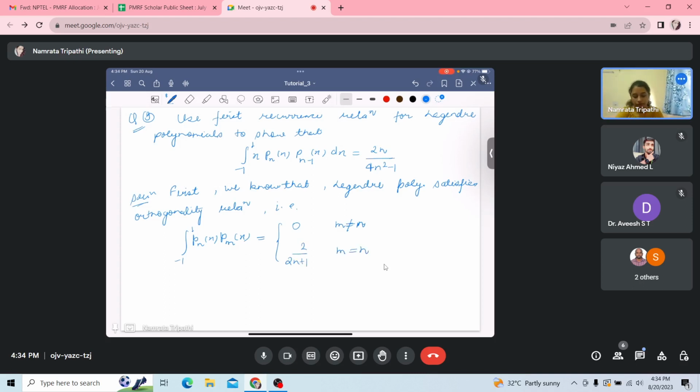So this is the orthogonality relation. So we have the first recurrence relation. What is it? n plus 1 Pn plus 1 of x equals 2n plus 1 x Pn x minus n Pn minus 1 x.